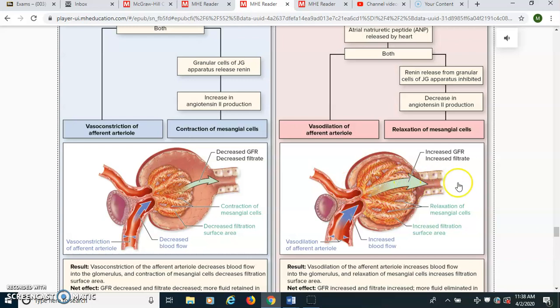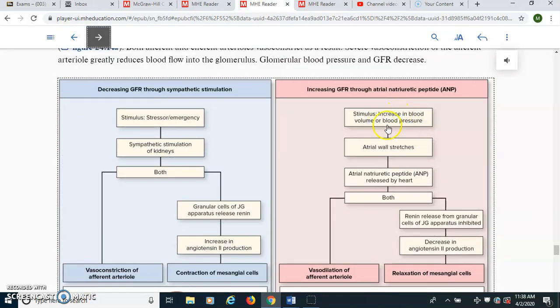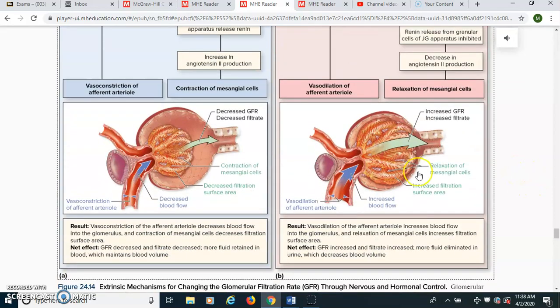And so if we have an increase in glomerular filtration rate, we get a lot more filtrate moving through the tubules, and we'll get a lot more loss of water. And so that should help decrease our blood volume, and thus that'll help decrease blood pressure too. So we have some sort of disease process going on that's affecting blood volume or blood pressure.